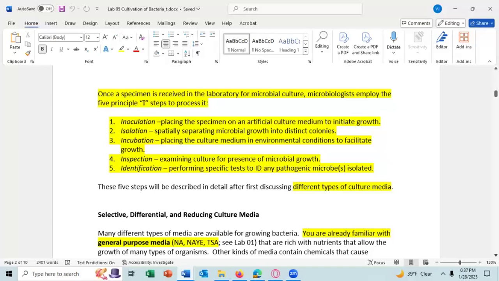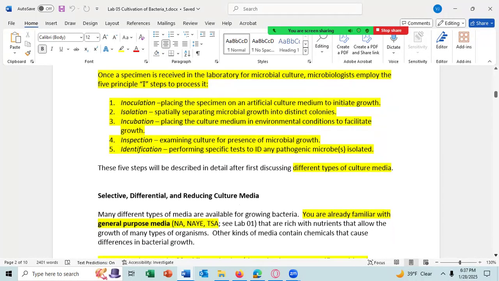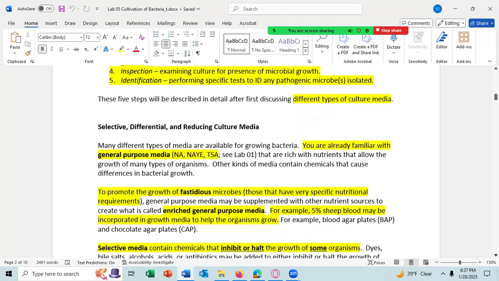All right, first, we need to discuss the different types of culture medium. You're already familiar with general purpose media. We discussed nutrient agar, or NA. We discussed nutrient agar with yeast extract, and we discussed TSA, or tryptic soy agar. All of these are rich media that supply many nutrients, allowing many organisms to grow.